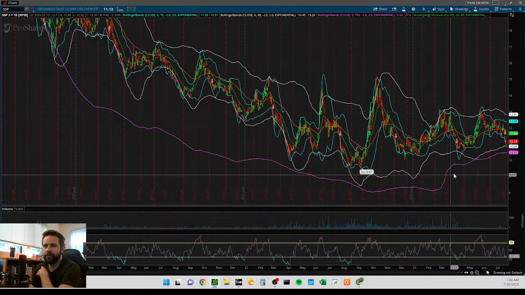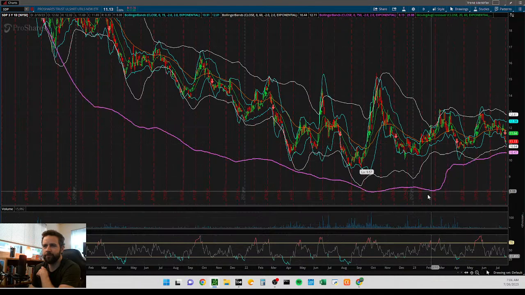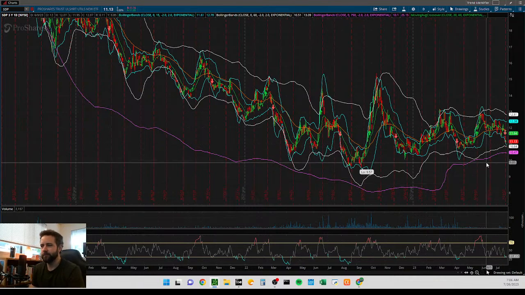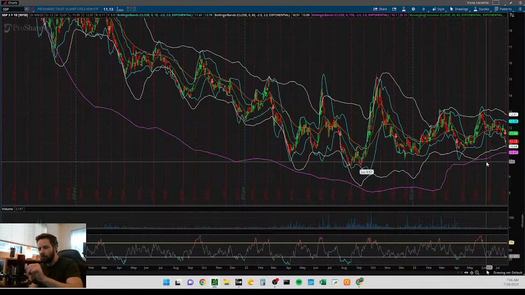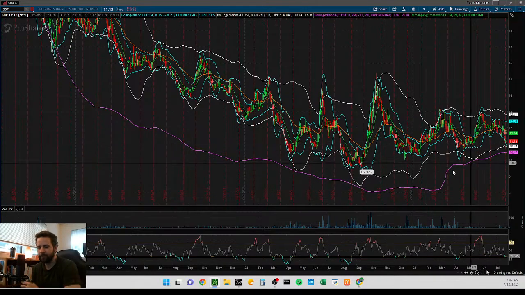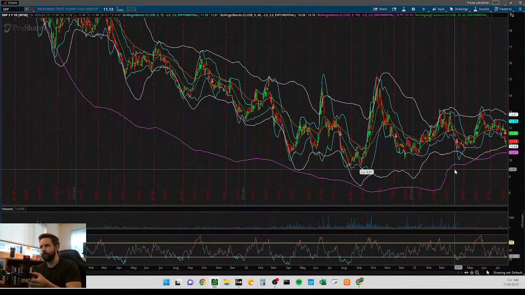Those lower ends are sloping upwards. Since the beginning of the year, these lower volatility bands have been sloping upwards.